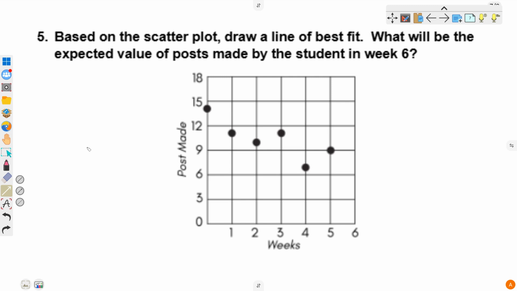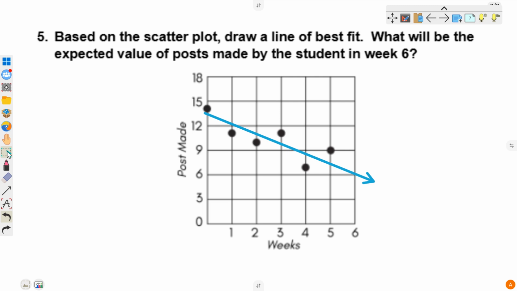Okay. It's slowly going down. So when I make my line, I might have to adjust it a little bit. Let's see. Something maybe like that. Okay. I got some points above. I got some points below. Okay. So it's kind of right here in the middle.